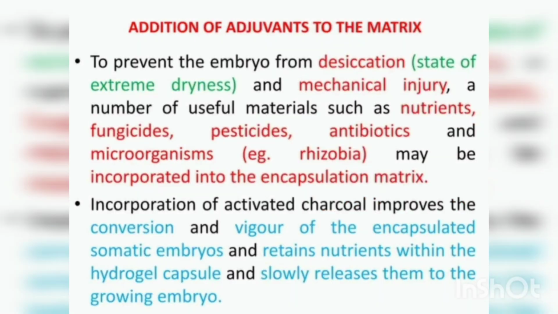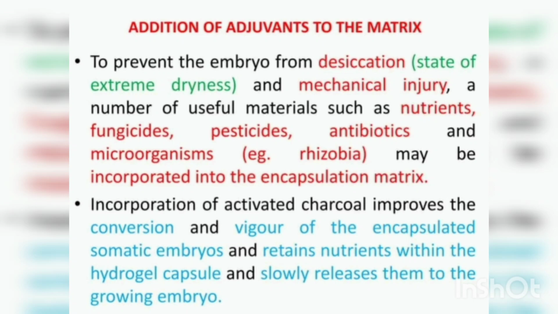So let's see what the adjuvants to be added to the medium are. One purpose is to prevent the embryo from desiccation and mechanical injury. Many materials like nutrients, fungicides, antibiotics, and certain microorganisms like rhizobia can be incorporated into the encapsulation medium.